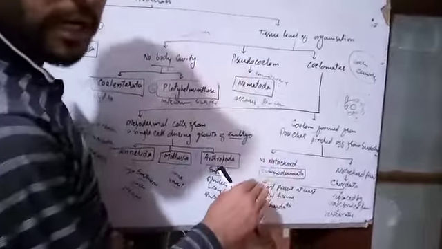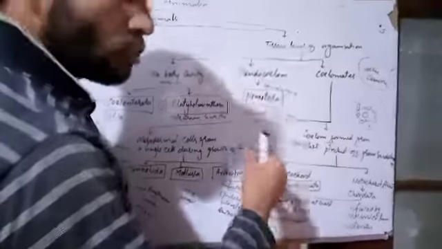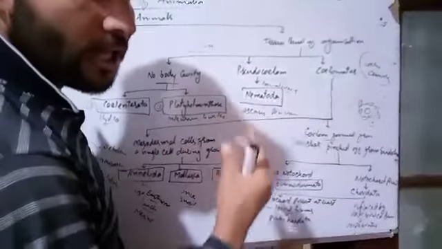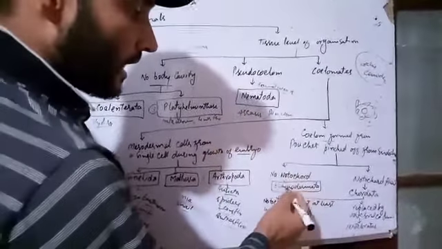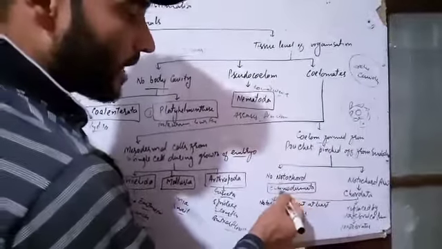Some animals do not have this rod-like structure, the notochord, and those animals are included under Echinodermata.